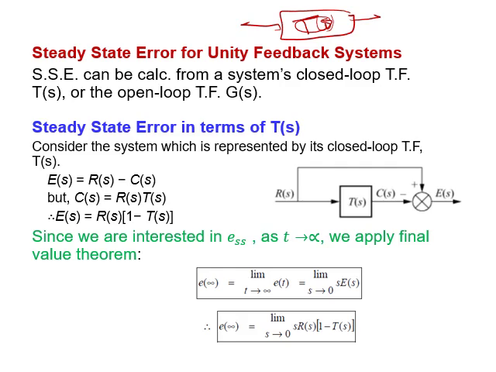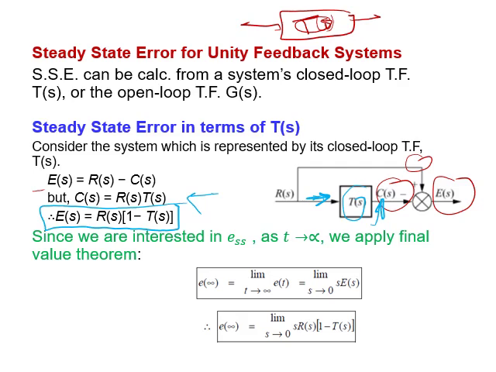If we derive the equation for the calculation of a steady state error, it's very simple here. E(s) equals R(s) minus C(s). Then we evaluate C(s) here: C(s) equals R(s), because R(s) is coming here, multiplied by T(s). Rearranging the equation, we get E(s) equal to this value. Now E(s) equals R(s) times (1 minus T(s)).